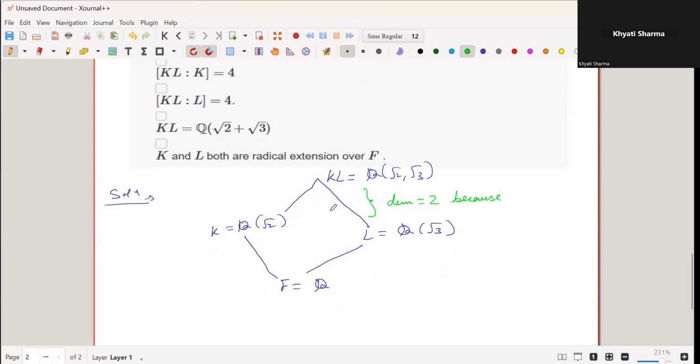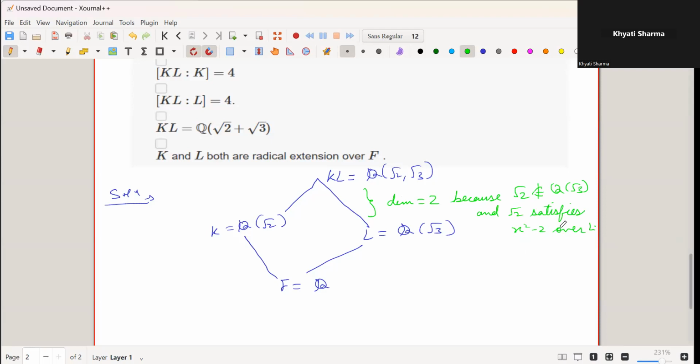Because we have already seen in one of the problems that root 2 is not inside Q root 3, and root 2 satisfies x square minus 2 over L. So it is not inside this field, so its dimension has to be greater than or equal to 2, and it satisfies a degree 2 polynomial, so its dimension is exactly 2.